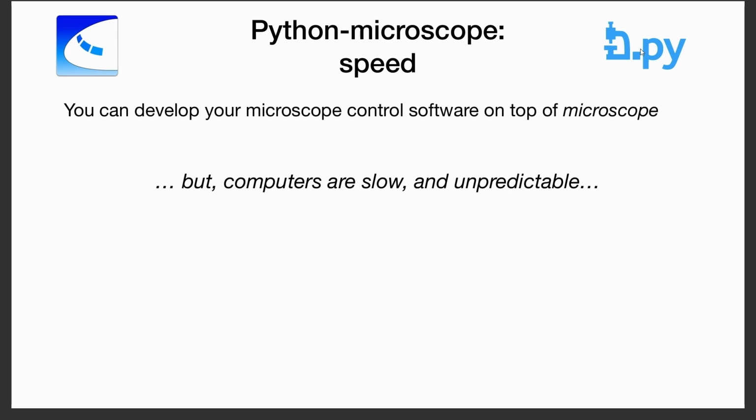How do we manage speed? Well, I said already before that we can overcome the GIL by putting device servers. But there's another thing, is that computers are inherently slow and unpredictable. You can never know when something is going to be triggered.